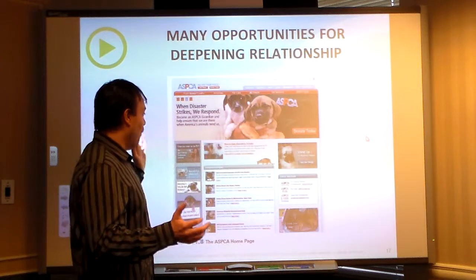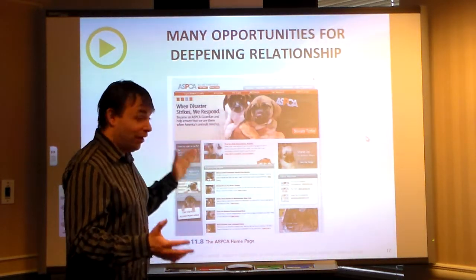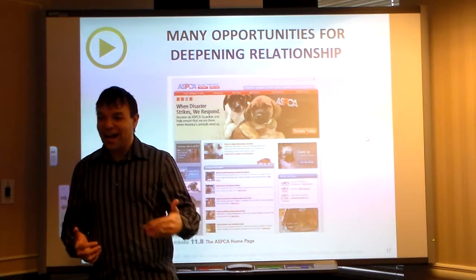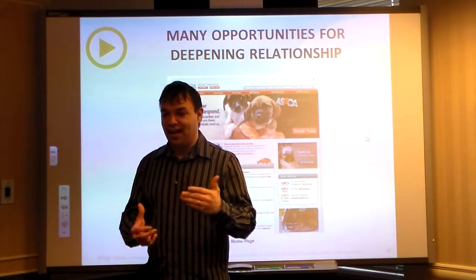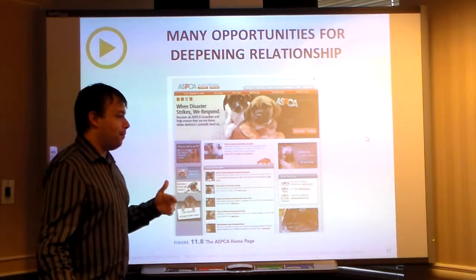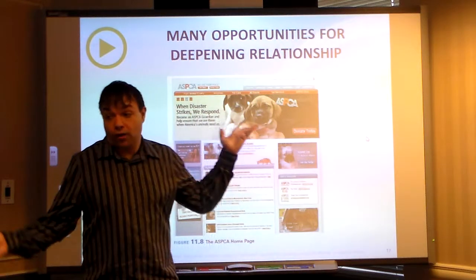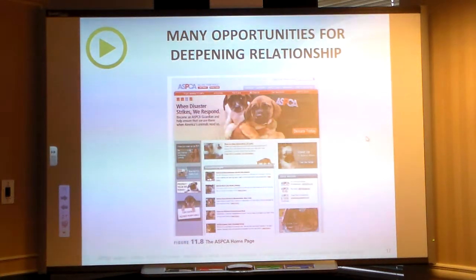Well, yeah, but my guess is if you're visiting the ASPCA in the first place, you care about animals, so they can try a relationship and they can try to appeal to your heartstrings, versus a company like Best Buy or McDonald's. They're not going to be able to do that as well as a nonprofit organization will. So just my thoughts on that. It might be a little cynical, but it's really true in our business environment.